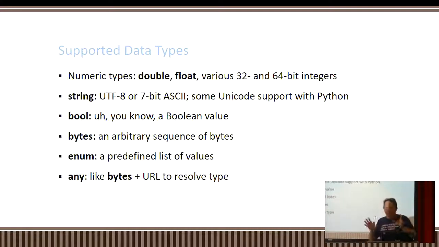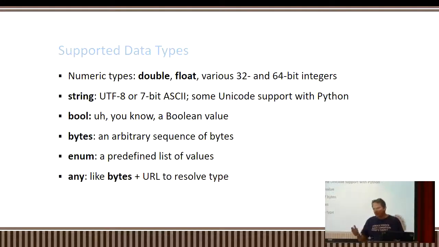Python, there's some kind of Unicode support that I haven't fully grokked, but if that's important to you, it's definitely an option. Bool, we all know what that is. Bytes, though, if their string type doesn't cut it for you, or you need some other bag of bytes, bytes is the type for you.